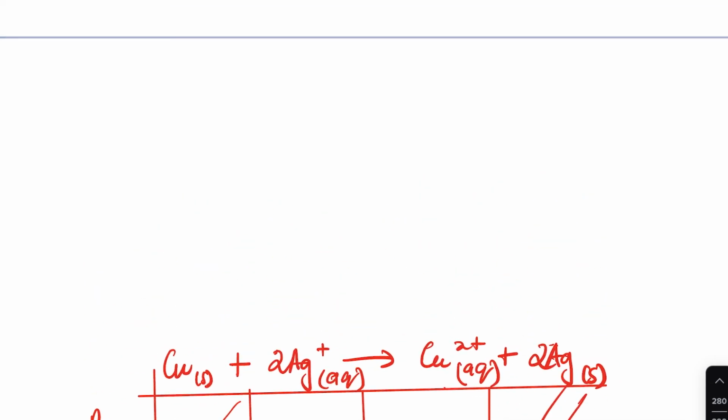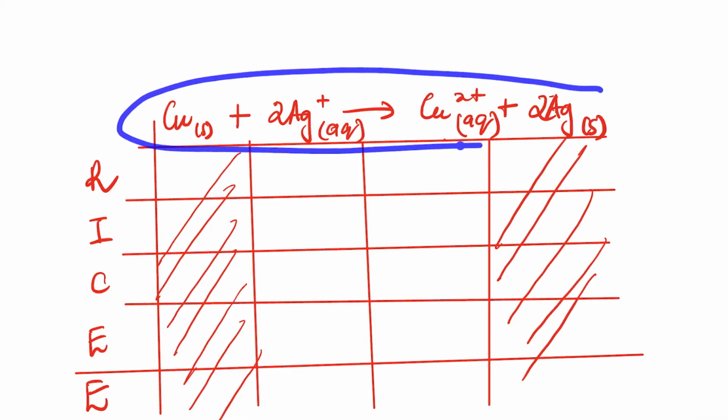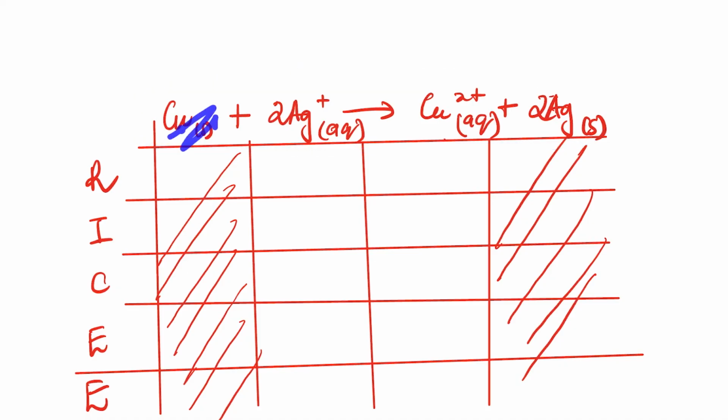Let's look at it this way, guys, using the table. If you get the net cell equation, this is a solid state, we're not going to focus on that, and this is a solid state, we're not going to focus on that. I'm going to focus on the aqueous species. What is the ratio? It's 2:1, right?